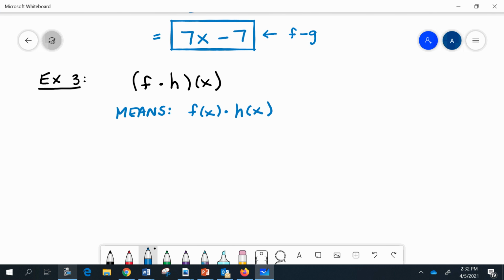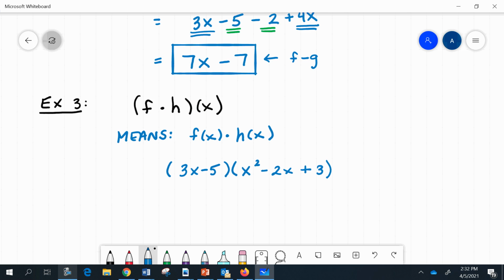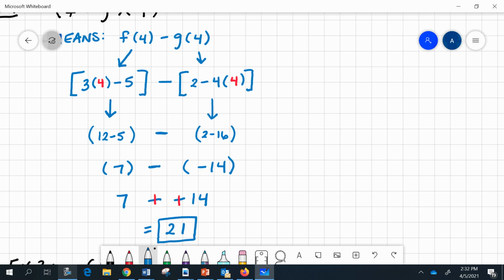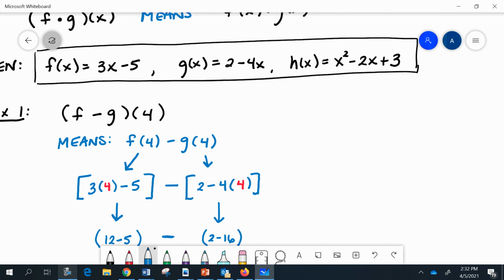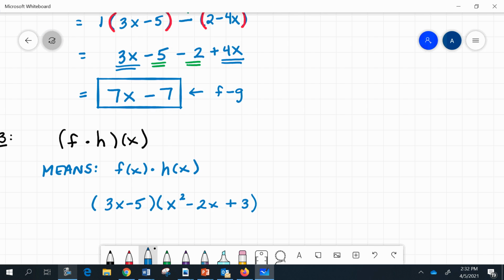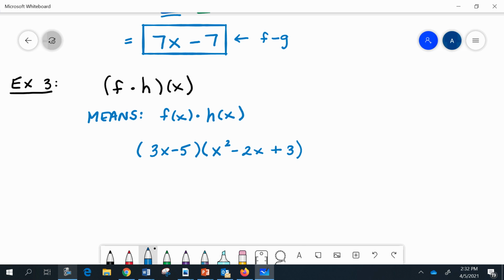Well, the f of x function was given, again, I want to put a parenthesis around it, as 3x minus 5. And the h of x function was given as x squared minus 2x plus 3. Again, this is me going back and looking at these given functions right from the beginning. Okay? So I set this up, and again, I put parentheses around these.